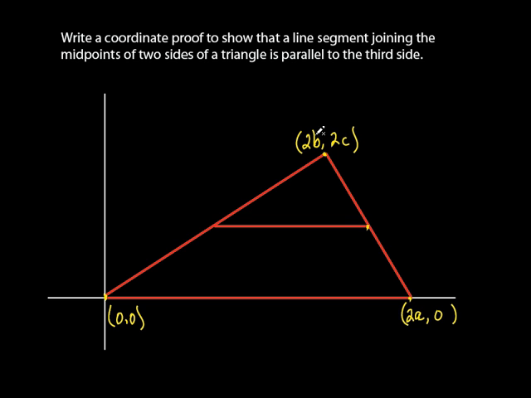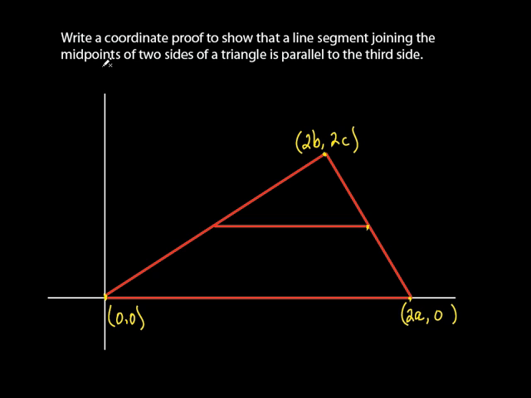If I make this 2b to begin with, and I take half of it, I'm just left with b. If I take half of the 2c, I'm just left with c. It makes it a lot better than saying this is b over 2, because I could have made this b and c, but then the halfway point would be 1/2 b, or b over 2, and that's a little bit tougher to work with. Putting 2's here makes things a lot easier. And how do you know how to do that?